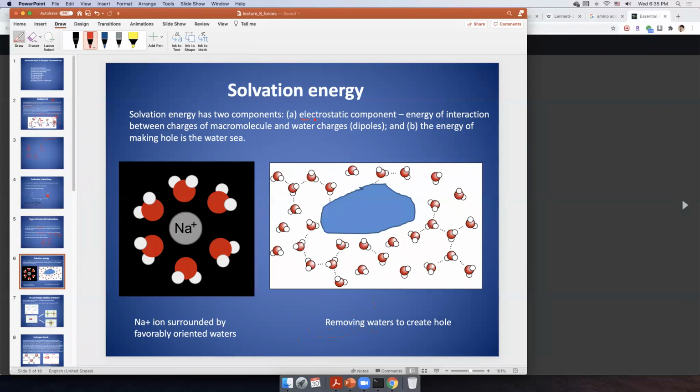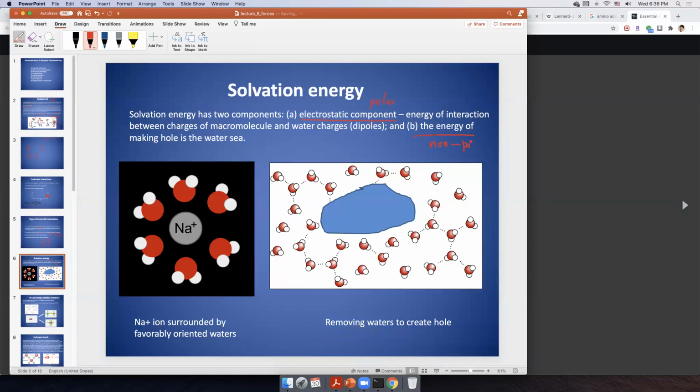One is electric component of solvation energy. Sometimes we call the electric component solvation energy the polar part of solvation energy, and the other is the nonpolar part of solvation energy.